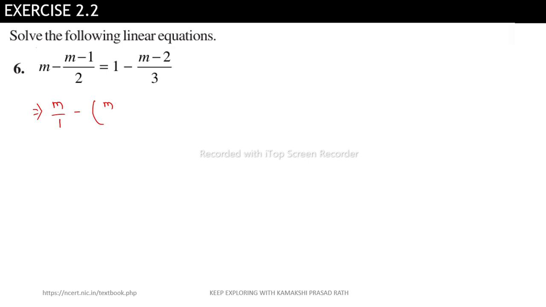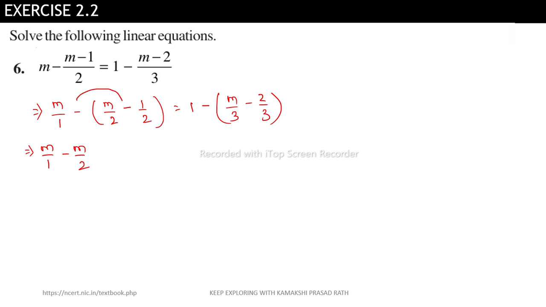Let us split it into two parts: m by 2 minus 1 by 2 is equal to 1 minus, again we split it, m by 3 minus 2 by 3. Let's solve the brackets. We have m by 1 minus m by 2, and this is important: minus into minus, we have plus 1 by 2.